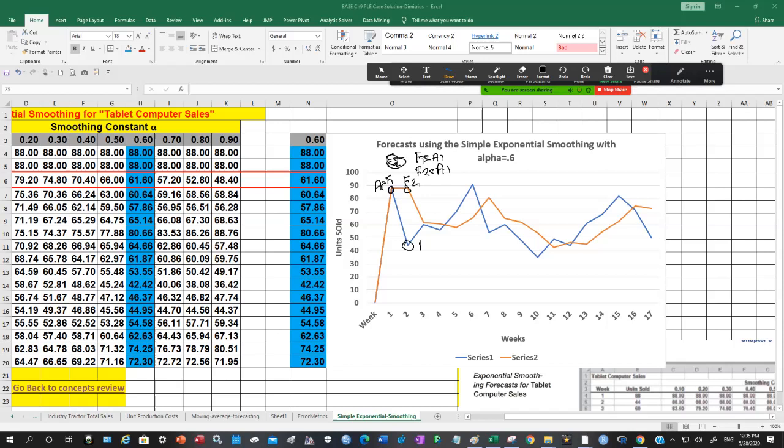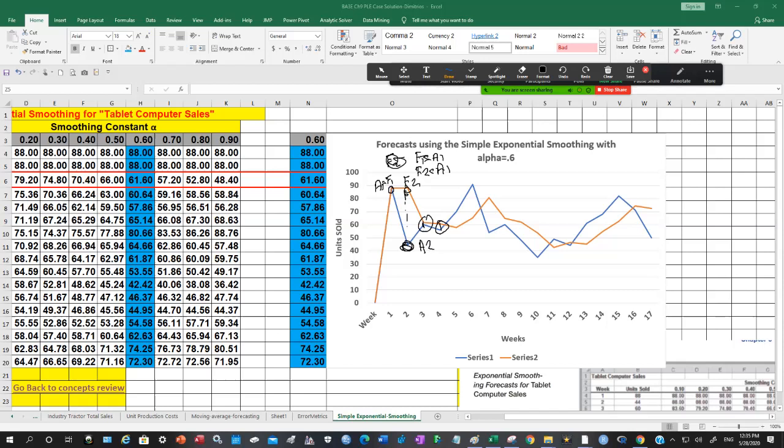But here is A2 right here, and here is F2. So we have an error. And then the error in week 3 is this difference. You see that the forecasts sometimes are less than the actual, and other times they are greater.